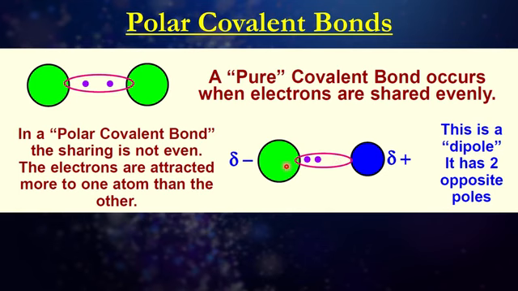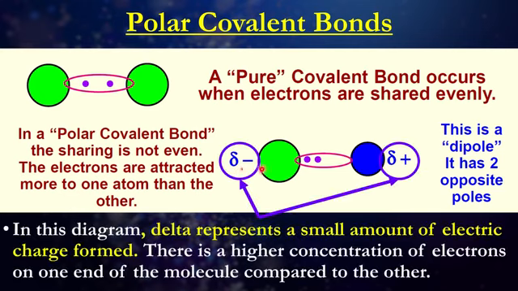What happens is if one atom has more electrons than the other, technically that makes that side slightly or partially more negative. So delta minus means it's a partial negative charge.